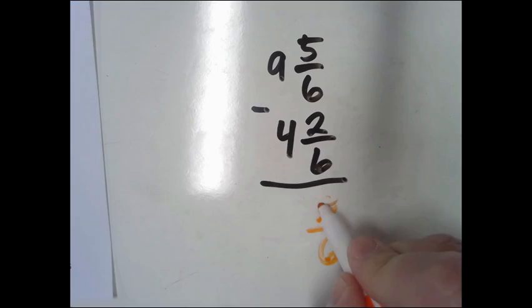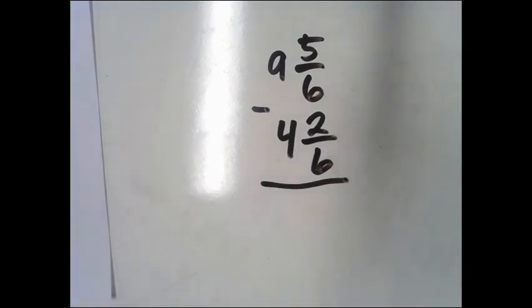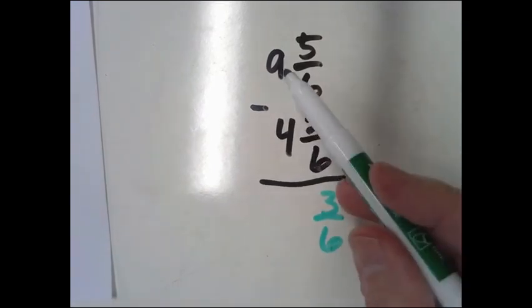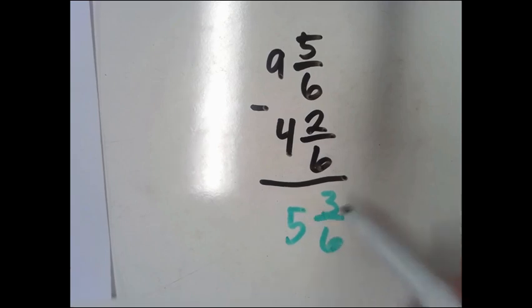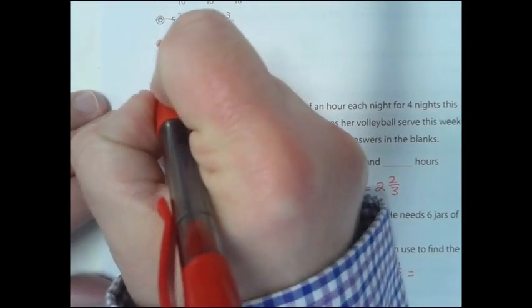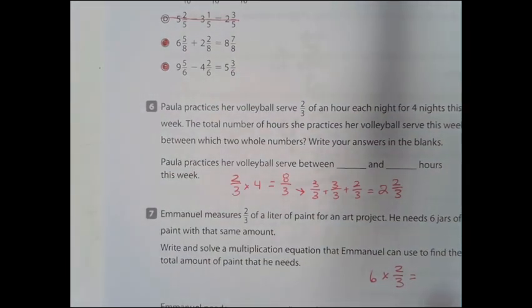Oh, my marker's starting to die out on me. Choose a different color. 3/6. 9 take away 4 is 5. So 5 and 3/6, which is correct. So we're going to circle in F. Okay, so that is it for question 5.